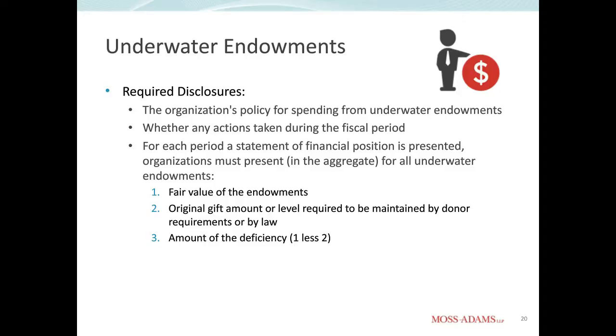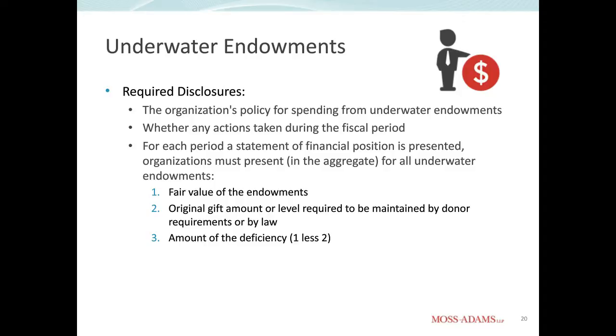With this new standard, because we have the net assets with donor restrictions and those without donor restrictions, any losses that result from those underwater endowments are shown within those with donor restrictions. So it does help separate your statements to show that those losses are related to your investments with donor restrictions.